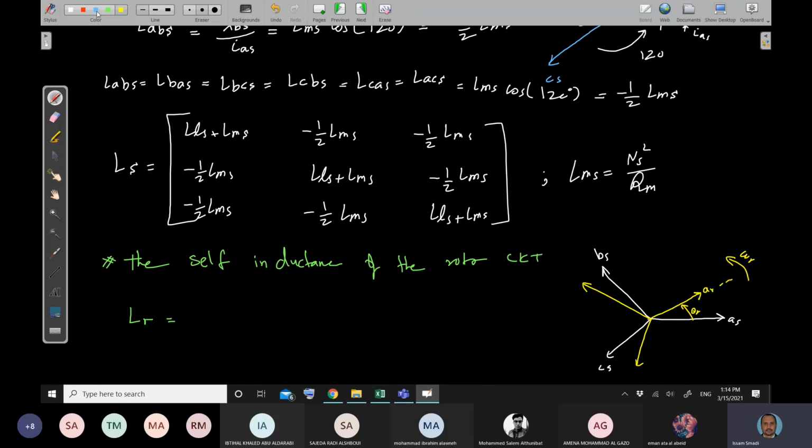Although the rotor is rotating, the angle between AR and BR is fixed, equal to 120 degrees. The angle between BR and CR is also fixed at 120 degrees, and the angle between CR and AR is also fixed at 120 degrees.